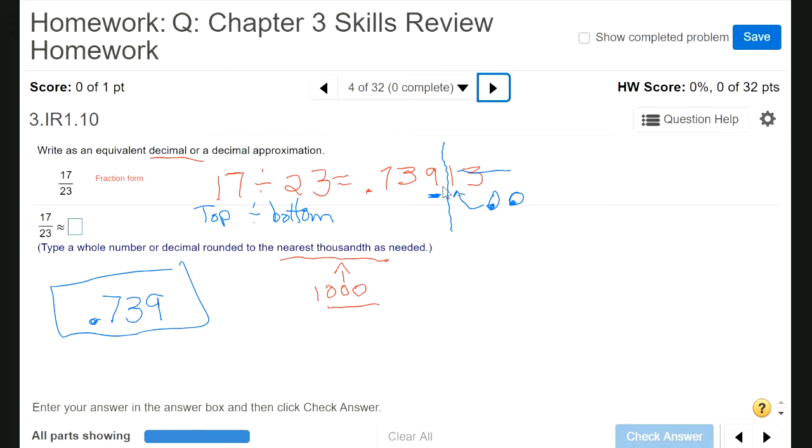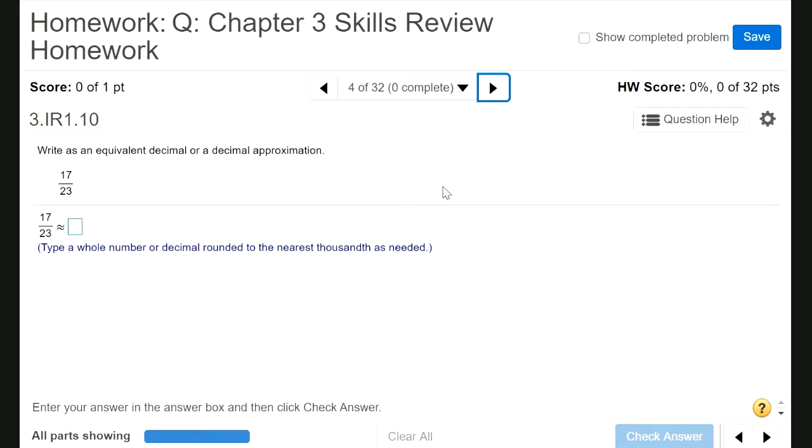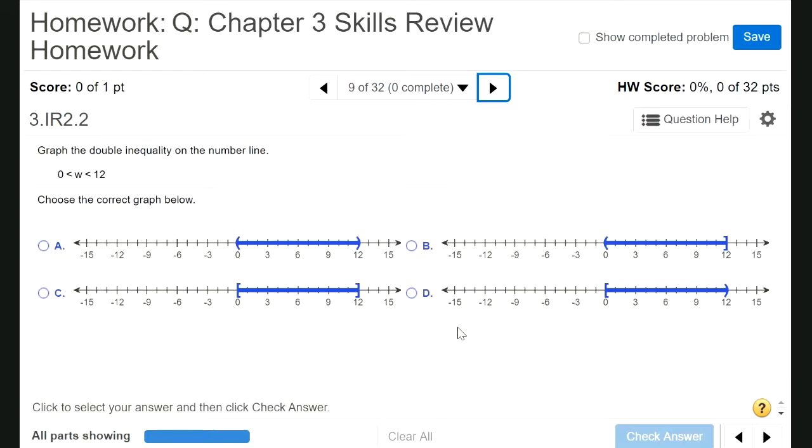Okay, let's do another example. This one is about graphing inequalities. You can notice that this is number 9 in the Chapter 3 Skills Review. And it wants us to graph this, and it says W. W is just a variable that represents something.